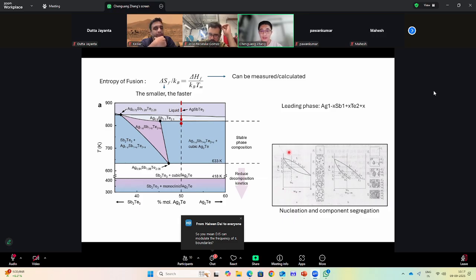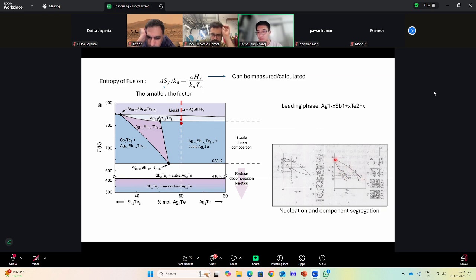Okay, so you can see in this picture that if you cool down your sample in a non-equilibrium solidification process, the lines of the liquid phase and your solid phase in the phase diagram can be really elongated if you use some non-equilibrium strategy to synthesize it.